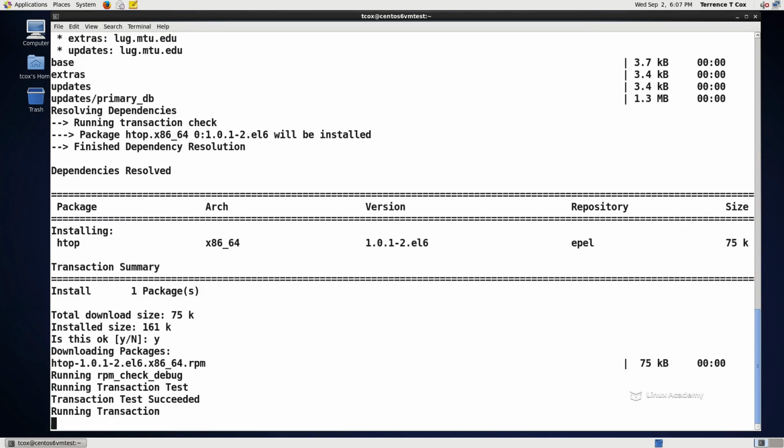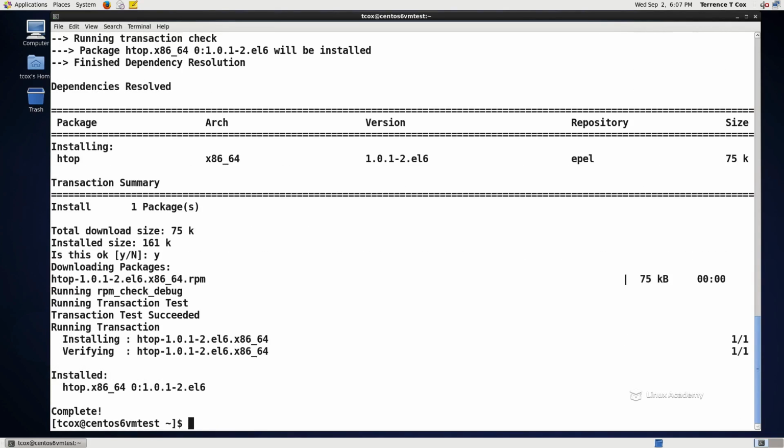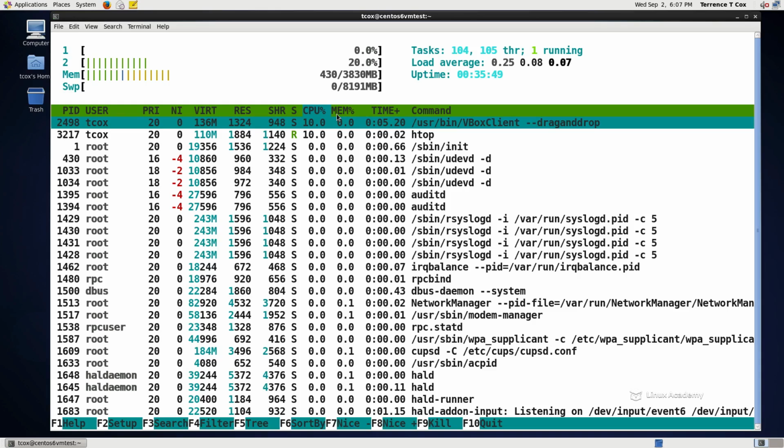So you'll have an idea if you've got 2 cores or 4 cores, how engaged each of those is on a second-by-second basis. And we can do that by running htop.